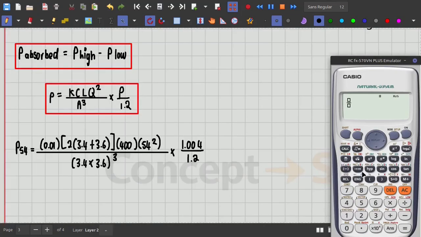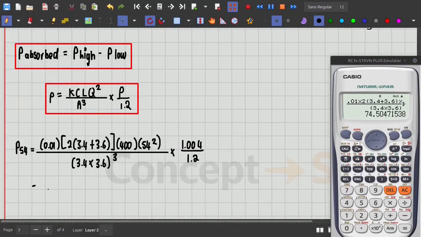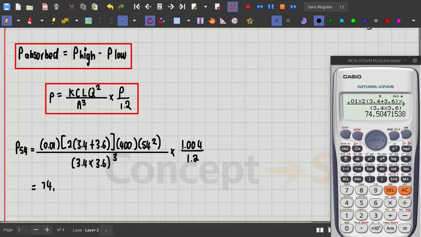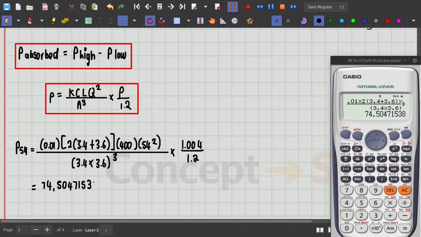Punch that, and we get 74.50471538, and this is in pascals.